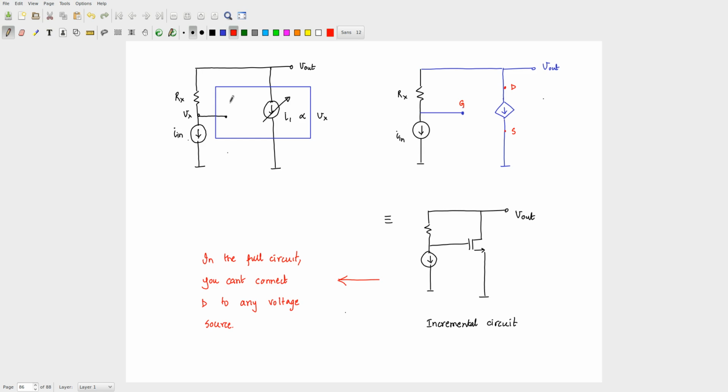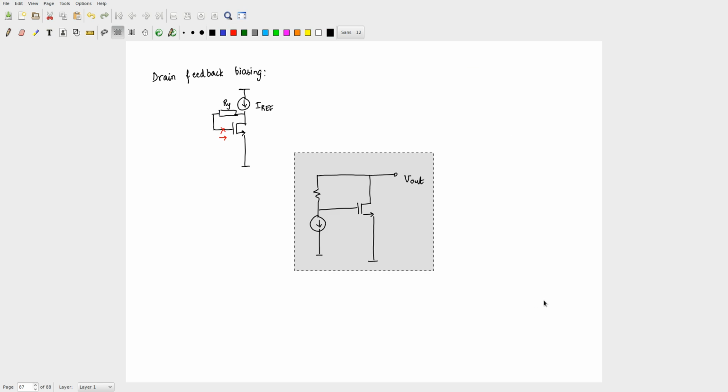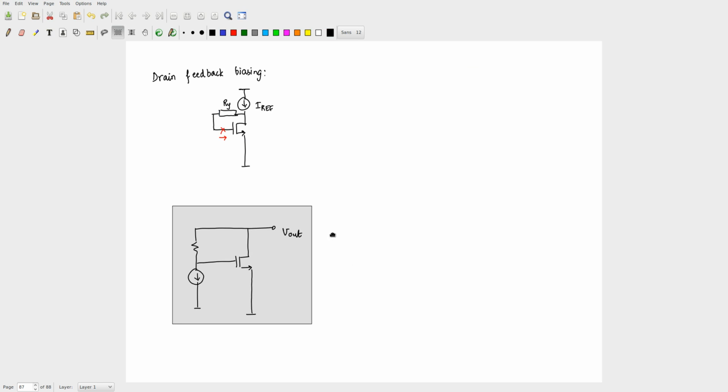So can I put the two together, and can you construct the full circuit based on these two? Okay, that is your drain feedback biasing. Let me call this my Rx, this is my incremental circuit.